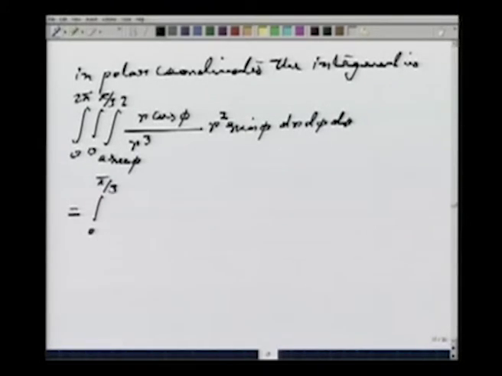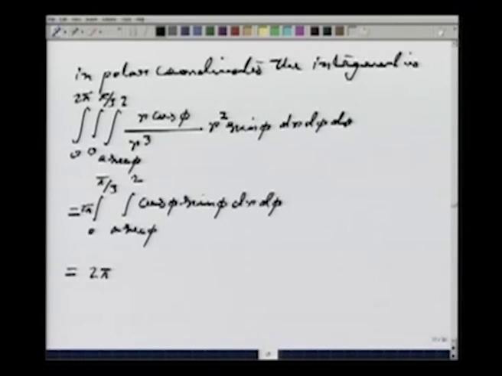The theta integral I can also manage, so it is 2 pi, and 0 to pi by 3 integral a sec phi to 2. What you get finally is cos phi sin phi dr d phi. In the integral there is no r.